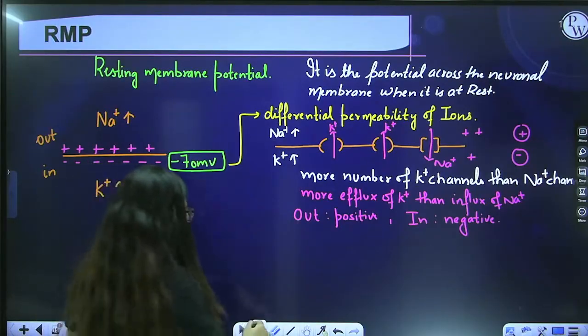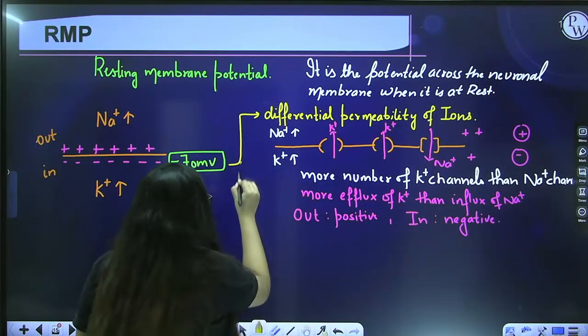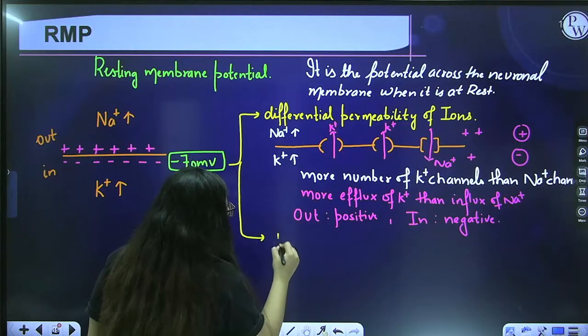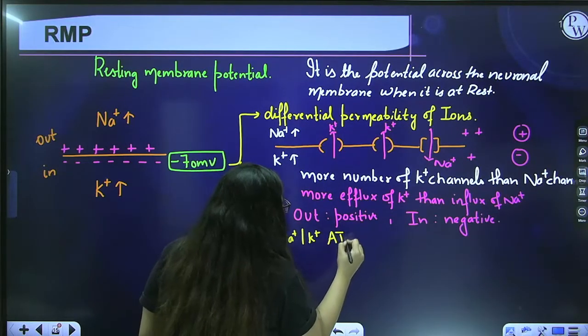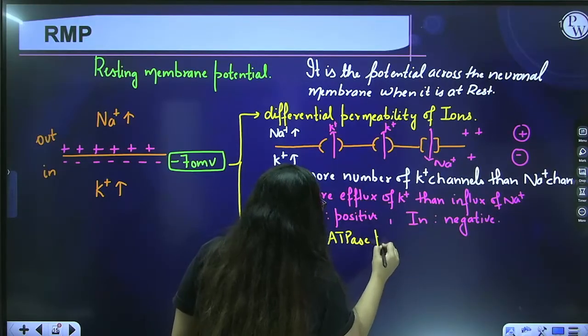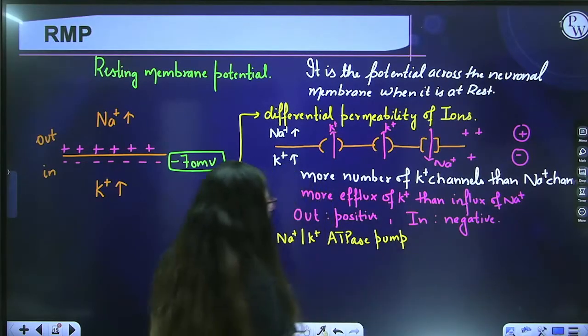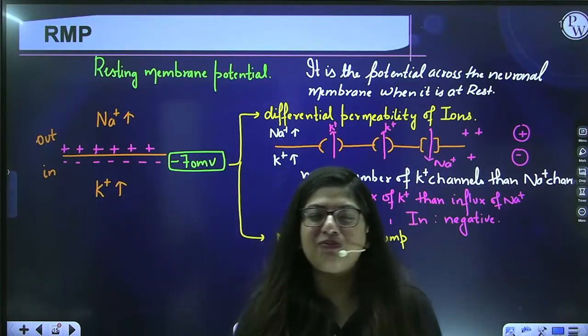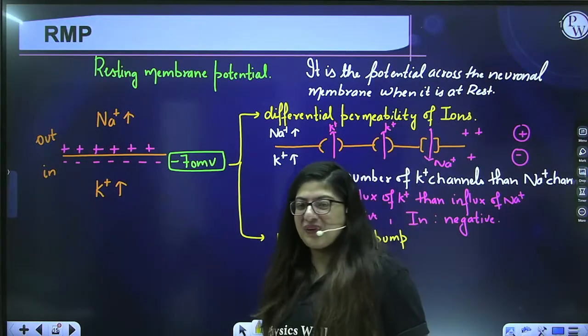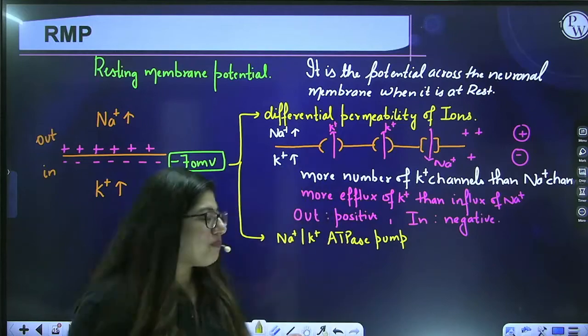Okay, now let's look at the second reason. The second reason is the sodium potassium ATPase pump. What are pumps? These are not the hand pumps that pump water from the groundwater and give it to you. No, it's not like that. Pumps are what?